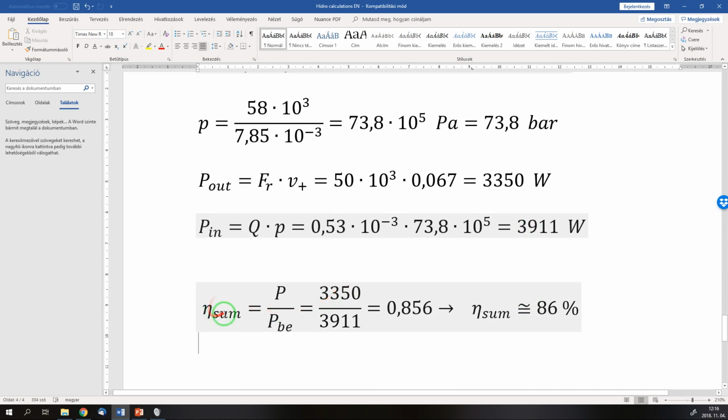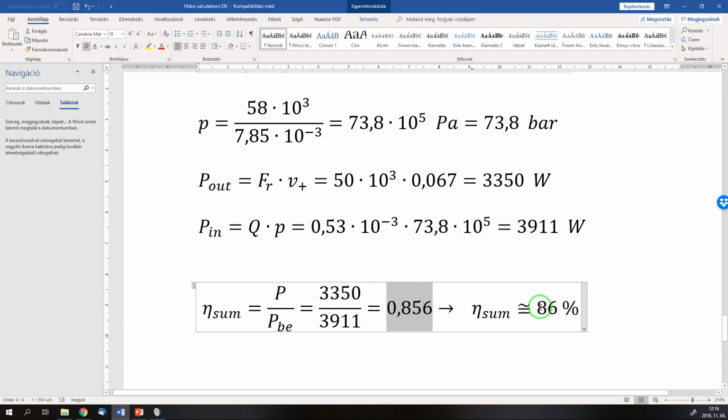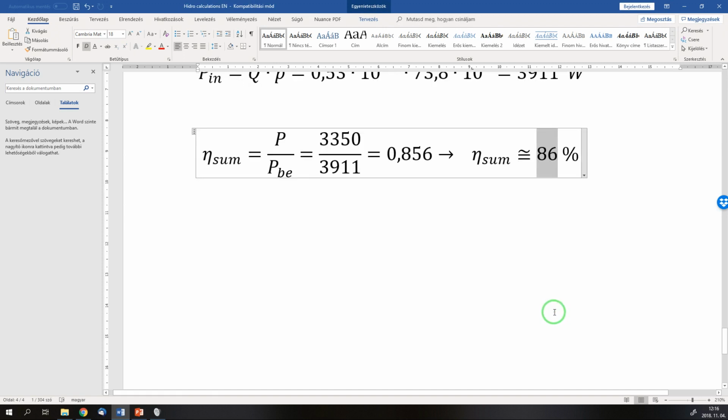Okay, so the total efficiency would be P out over P in, which will result in 86% efficiency.